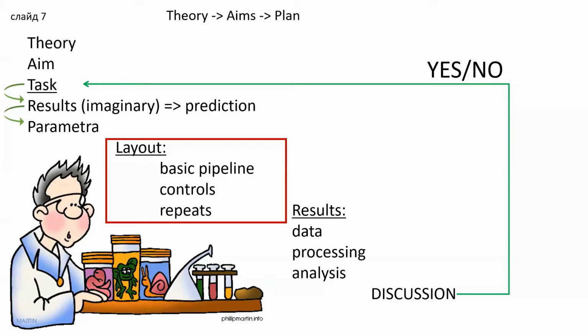And then you go to the results and you obtain data, and then you lose a lot of time on processing and analysis. So this results part is kind of independent from your layout. But when you're at the layout stage, you have to think whether the results you are going to obtain are really possible to process, whether you have the capabilities to analyze them, and whether it's worth analyzing.